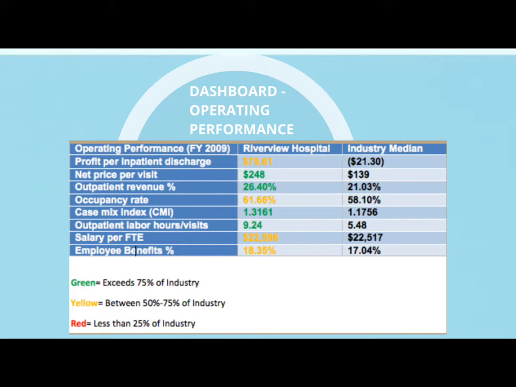Outpatient revenue, 26.40%, is greater than the industry median at 21%. The occupancy rate is right around the industry standard median. Case mix index exceeds the industry median, but is fairly close. Salary per FTE is right around the median range, and employee benefits are a little bit higher.